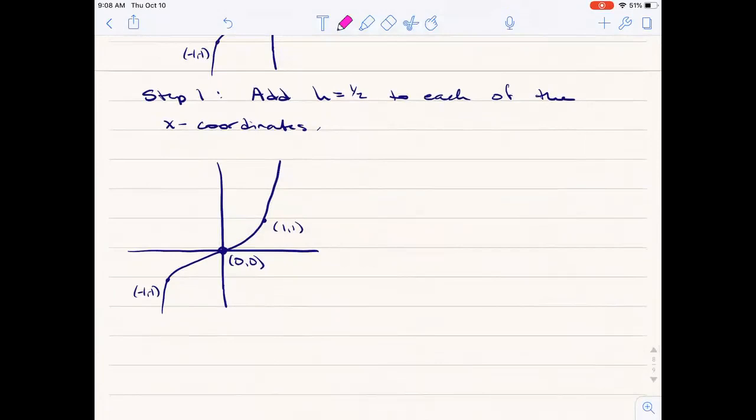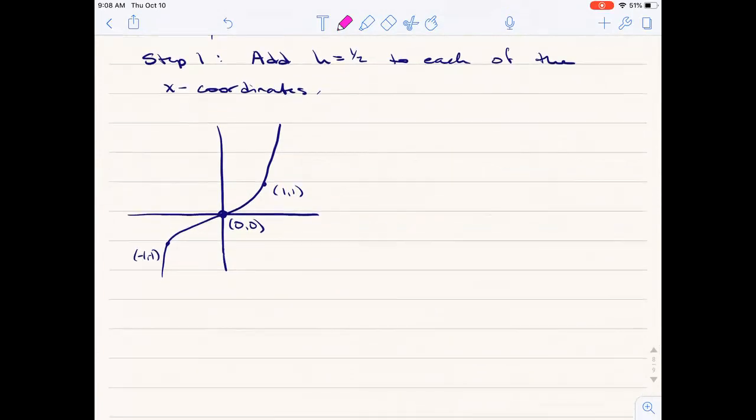If I add 1/2 to -1, so x is -1 here, if I add 1/2, it actually bumps me over this way to the 1/2 mark. If I add 1/2 to 0, I'm at 1/2. If I add 1/2 to 1, I'm at 1.5, or 3 out of 2. 3 out of 2 ain't bad.